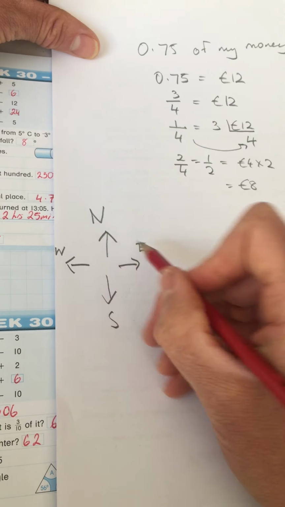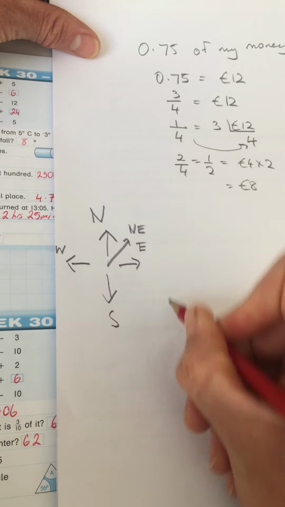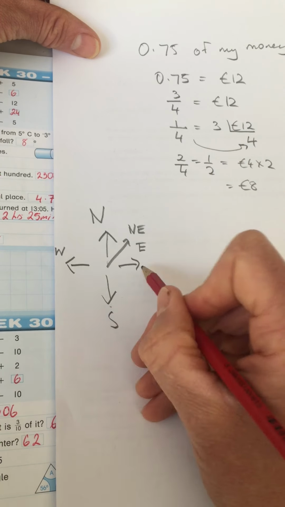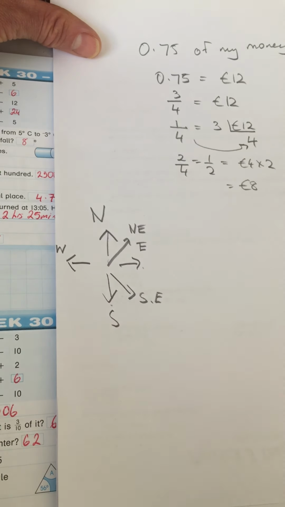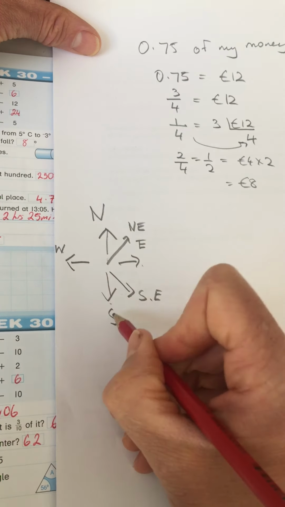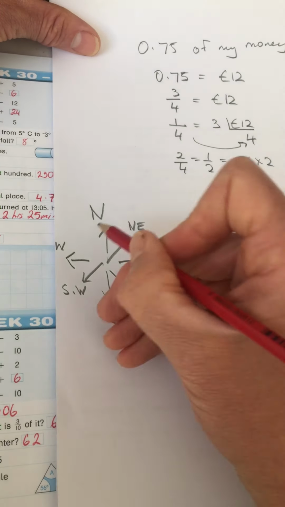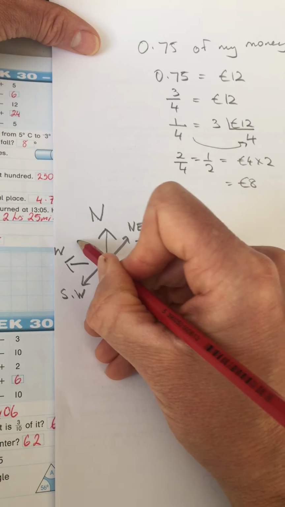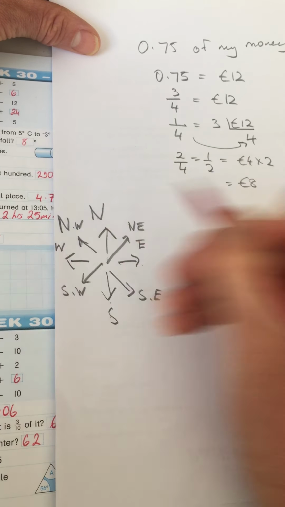In between north and east is northeast. In between south and east is southeast. South and north are the dominant points. In between west and south, so we always put south before west, southwest. And in between west and north, well, if north is the dominant point, it's northwest.